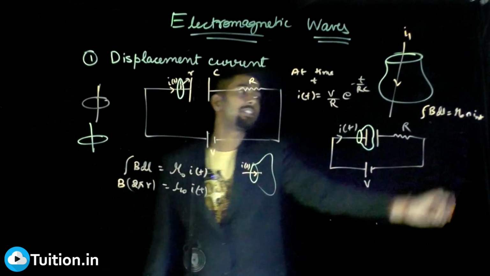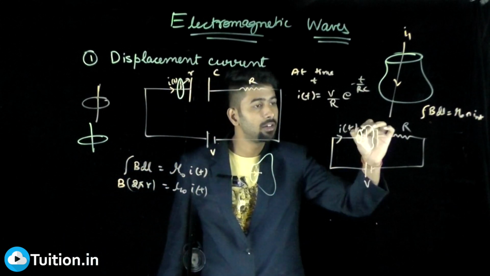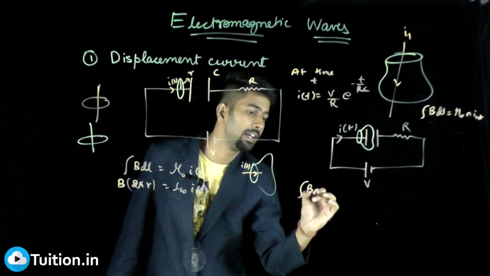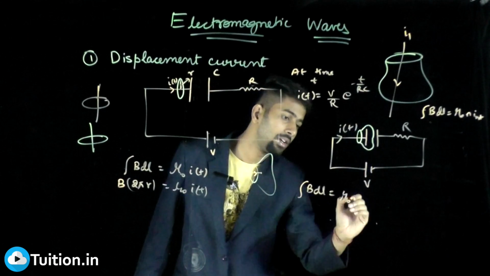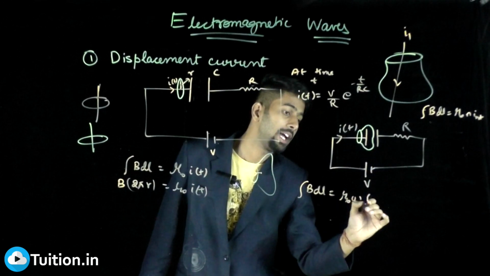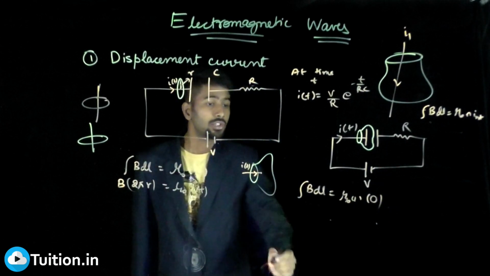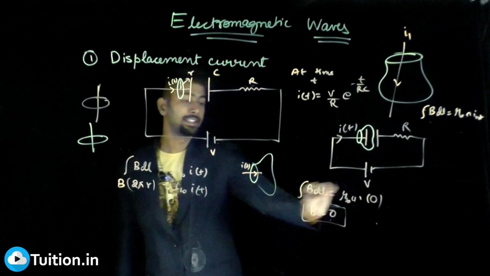If there is no current piercing the surface, and I want to calculate the line integral of the magnetic field around this, I will say the integral of B dl is nothing but mu naught times, if it has only one turn, n equal to 1, times 0. Why 0? Because there is no current piercing through the surface. So in turn it will give me that the magnetic field is 0, like in this case.